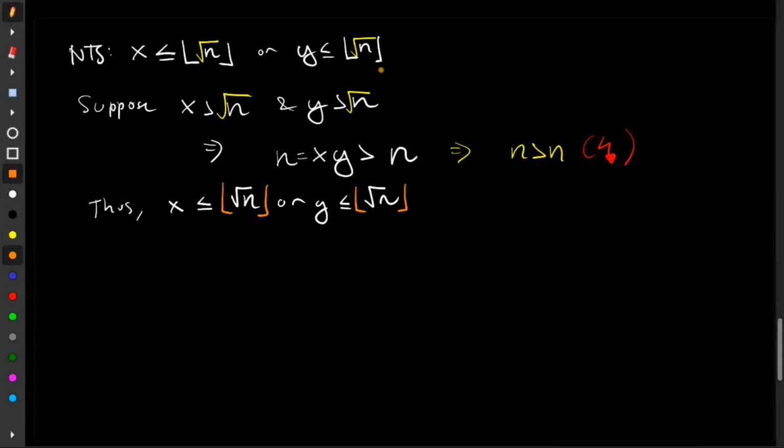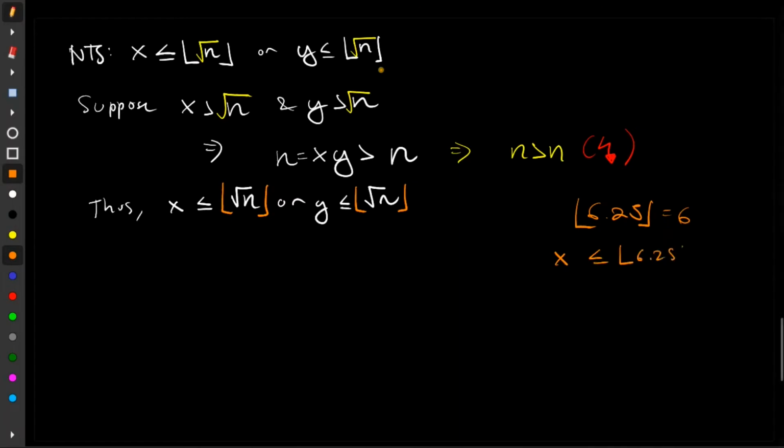So the idea is, say if we have 6.25 out here, so this is the square root of n. If we get the floor function, it's simply 6. Since we are dealing with integers, the highest possible value for x can't be 7, since if it is 7, then it violates this inequality.